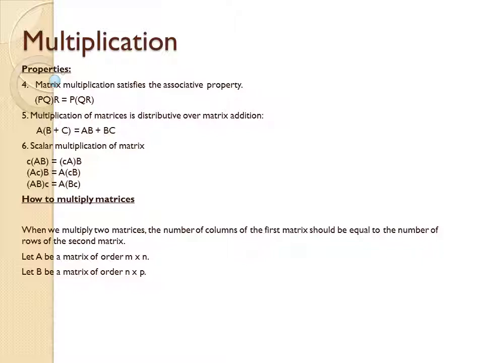Here we can see for the A matrix, the number of columns is equal to the number of rows of the second matrix. So this is satisfied. So n and n cancel each other, and the resultant matrix will be m cross p. The product of the matrices A and B is of order m cross p. That is fine.